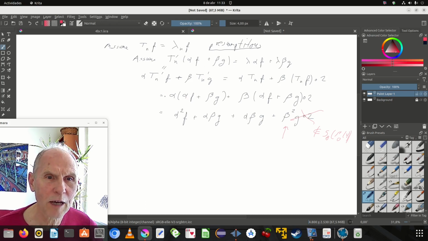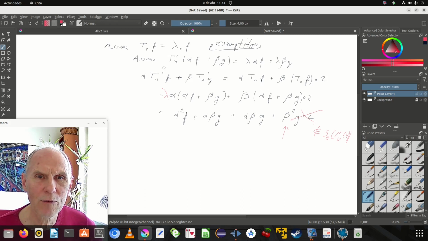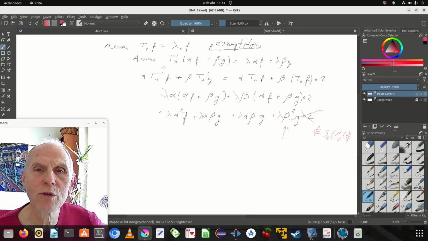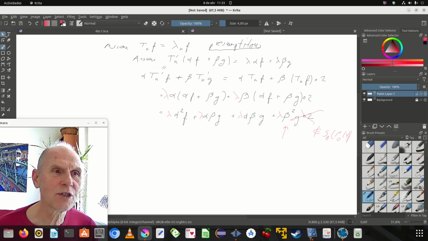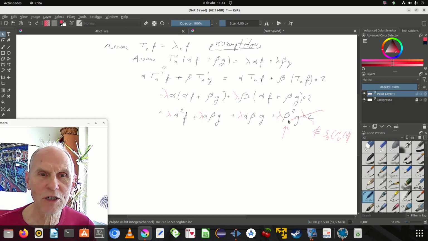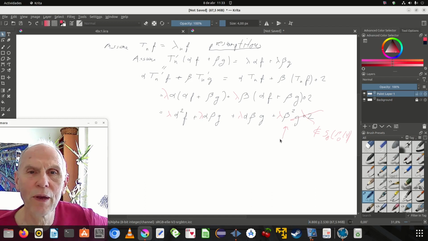Here we miss the lambda, and here we miss the lambda. So there's a lambda before all of these. And now we can conclude that either B vanishes or the eigenvalue vanishes. And then my argument carries through.